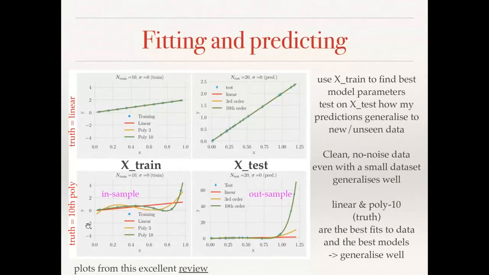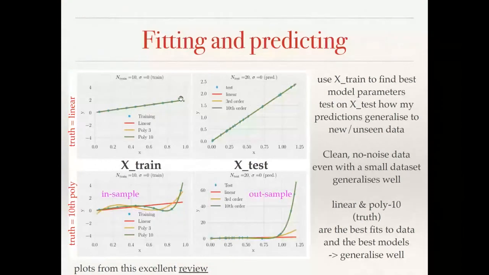On the bottom, we are displaying points that have been obtained by imposing a polynomial relation between x and y of the 10th order. So a polynomial that contains components up to x to the power of 10. Okay? So think for the moment that we are on the left, just training our data.